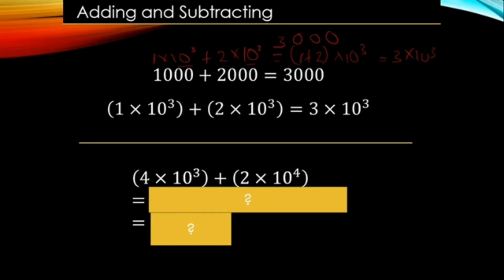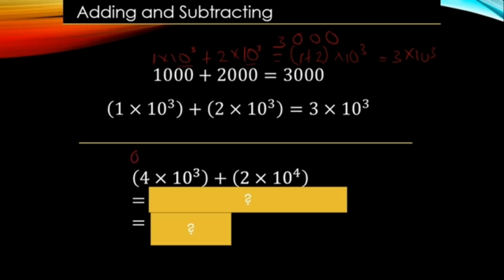The easiest thing would be to convert to the number with the highest power, because since we're adding them, the number would obviously be greater, and we have this highest power of 4.